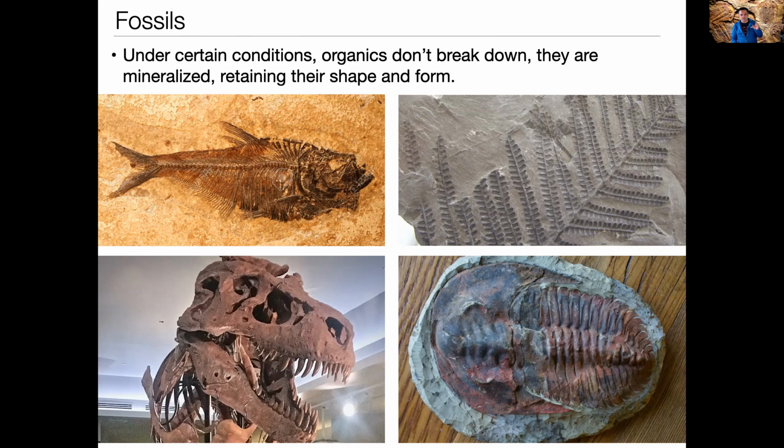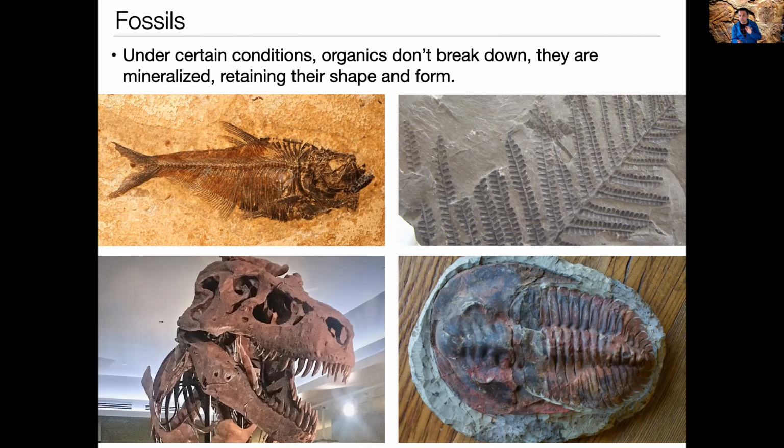So fossils result because when organic material is deposited, when an animal dies, if it isn't exposed to the natural ecosystem where the bacteria and the scavengers and all the other life forms are going to prey on it and break it down, if it's, for instance, buried in mud or covered up somehow where the bacteria can't get the oxygen they need to do their job, then the organic material can be preserved.